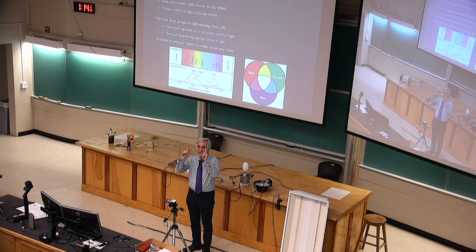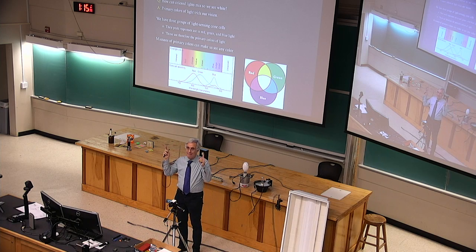They'll be triggered about equally if you use equal amounts of those 2 lights, and your brain will say, I see yellow. There's no real yellow light there at all. It's that your brain is being tricked. The right mixture of red and green makes you see yellow.